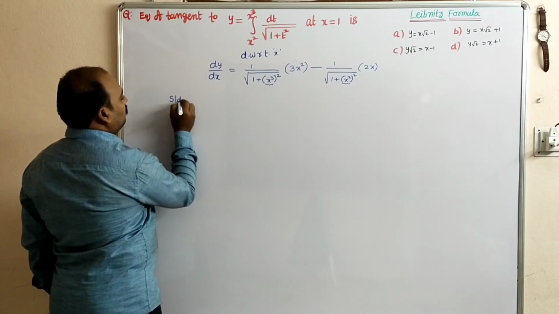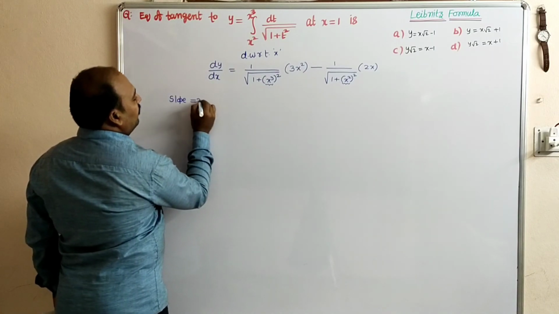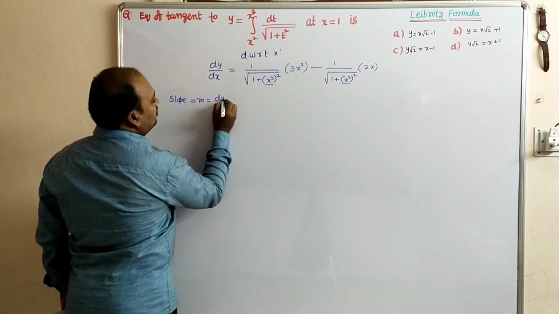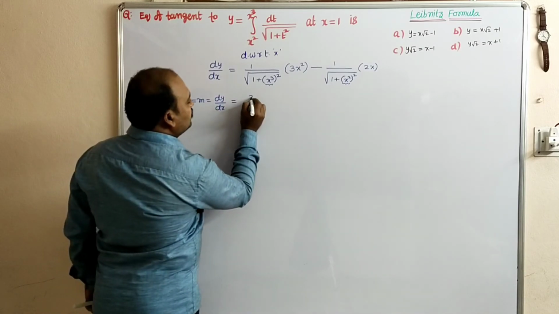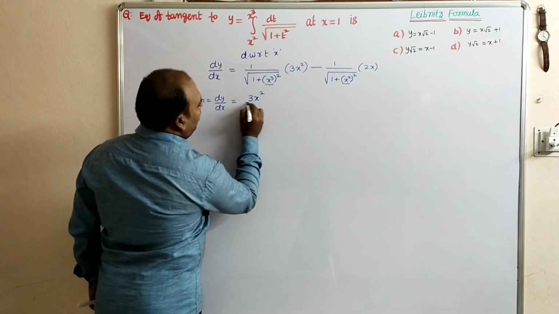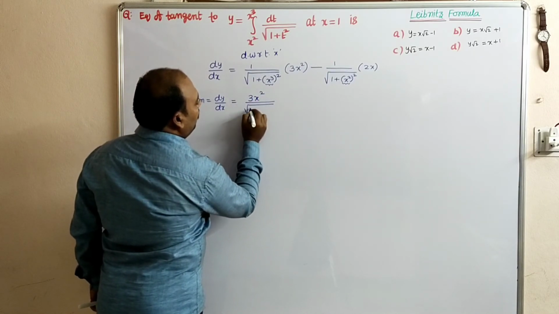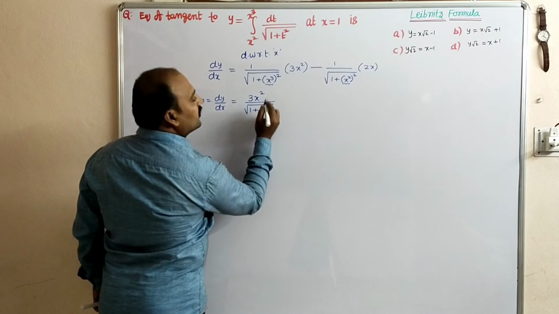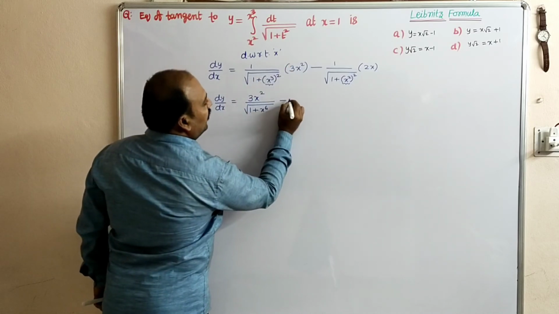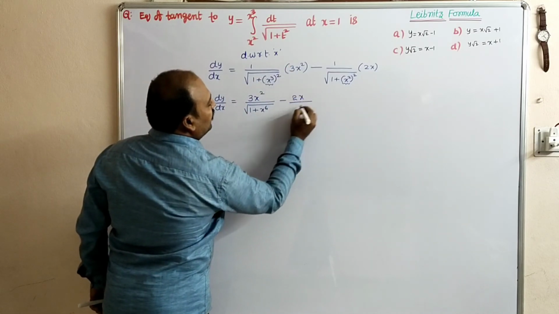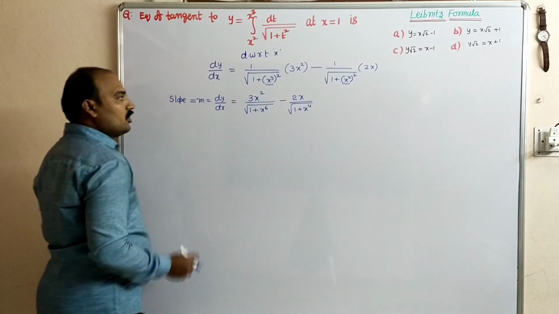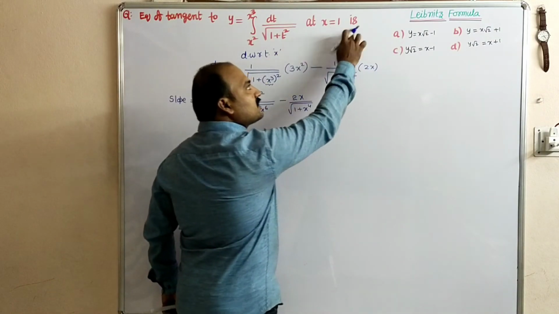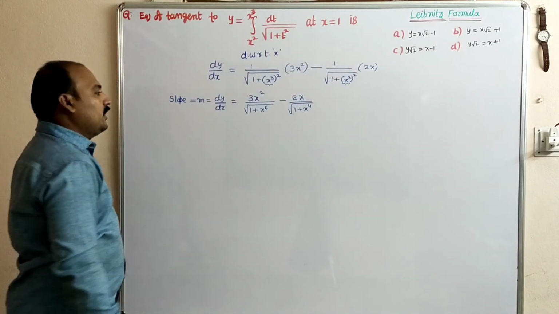Slope m is equal to dy by dx. So 3x square divided by square root of 1 plus x power 6, minus 2x divided by square root of 1 plus x power 4. At what point are they asking to calculate dy by dx? At x is equal to 1.